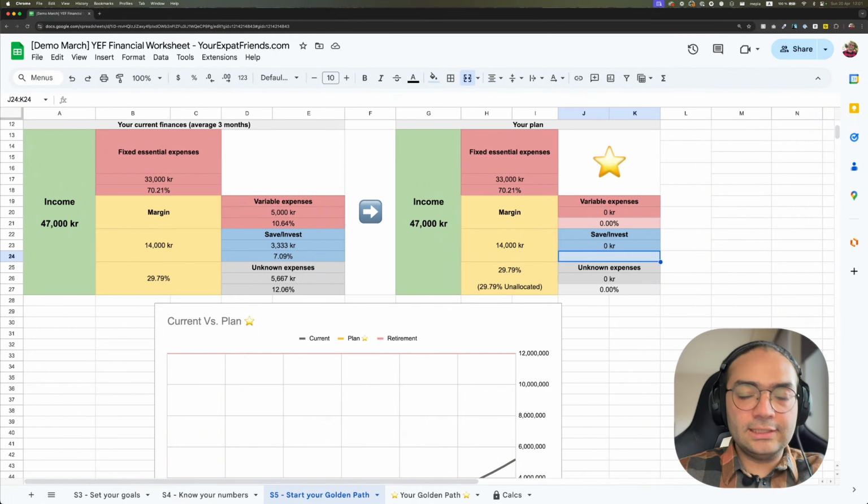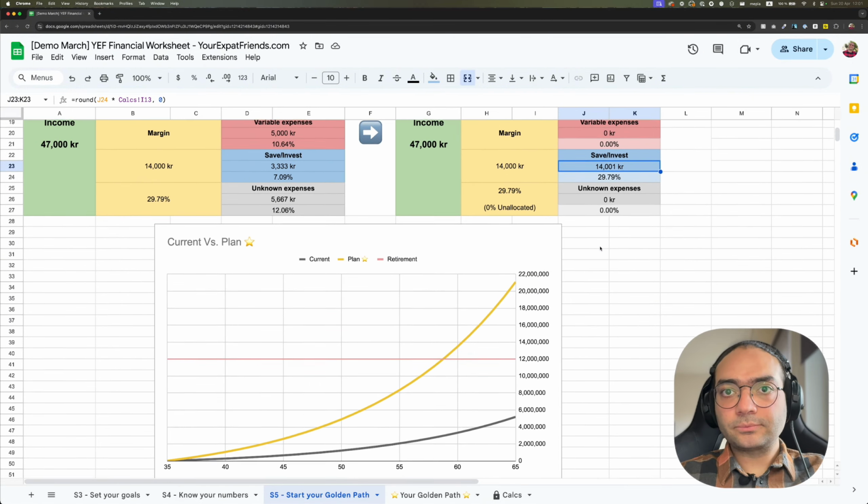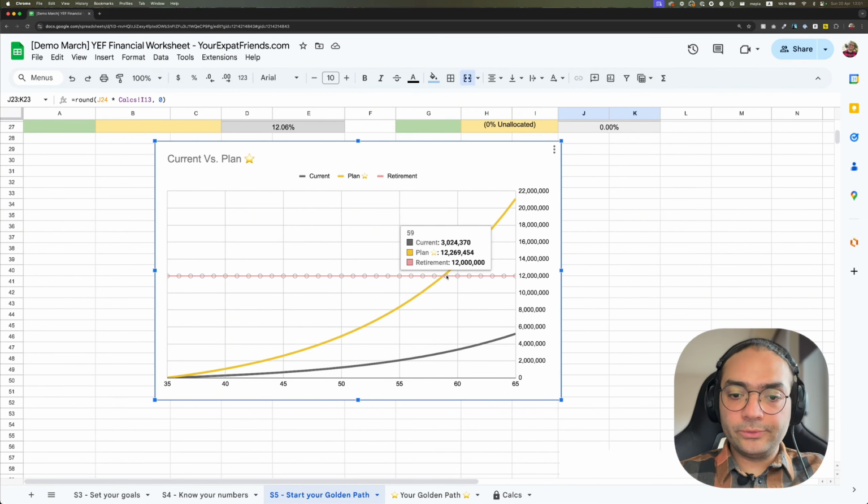But imagine I did that and I said, okay, I'm going to put everything towards my saving and investing. 14,000 kroner per month. In the graph below, I would still not reach my retirement goal as I set it myself. I'm not going to be able to retire at 55. At the earliest, I'm going to be able to retire at 59.